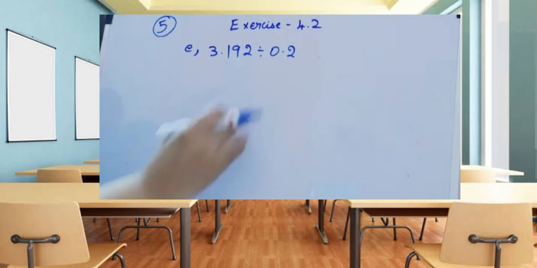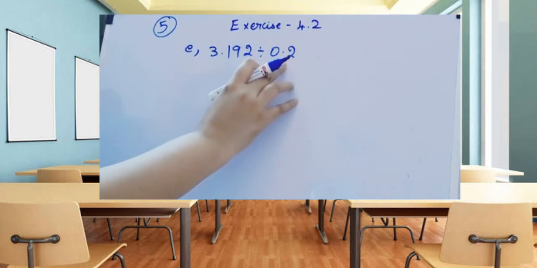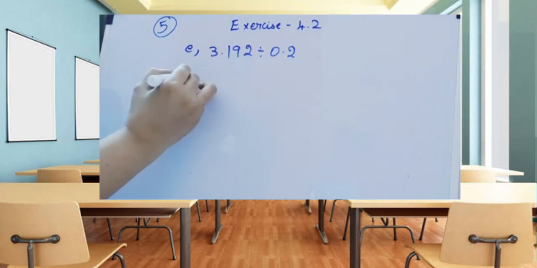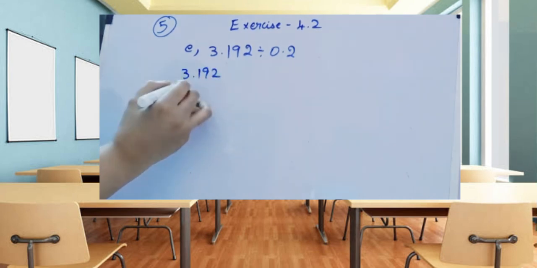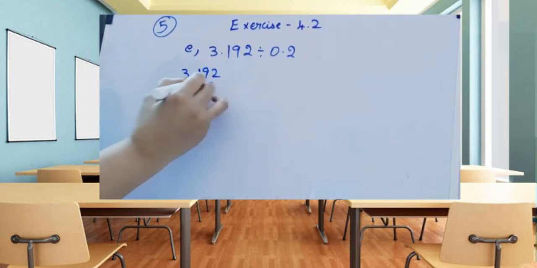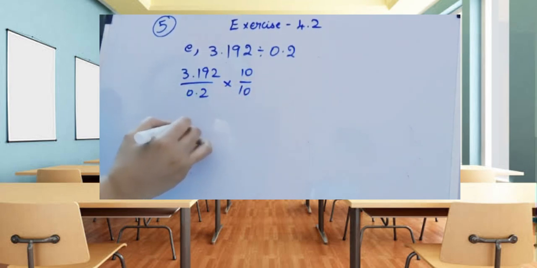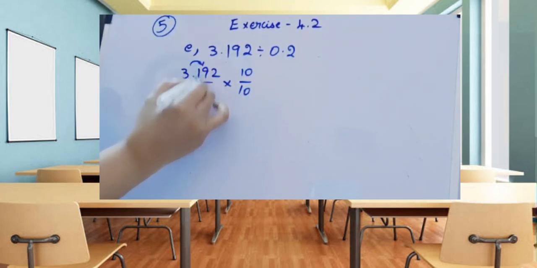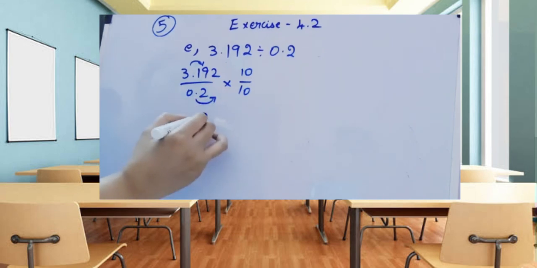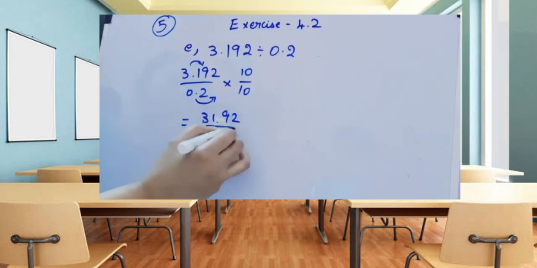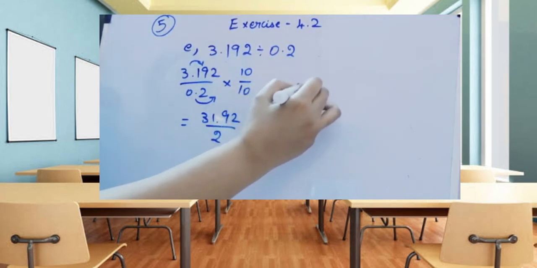We have only one digit after the decimal in the divisor, so we need to multiply by 10. 3.192 divided by 0.2 into 10 over 10. The decimal moves one step, so 31.92 divided by 2.